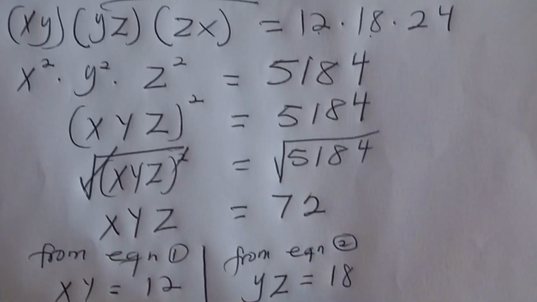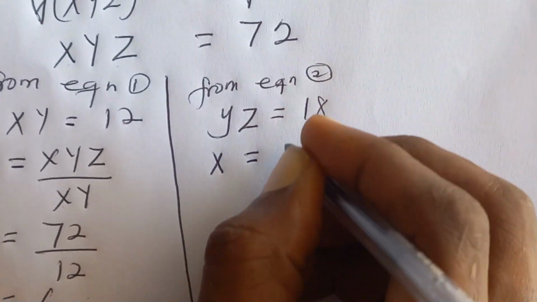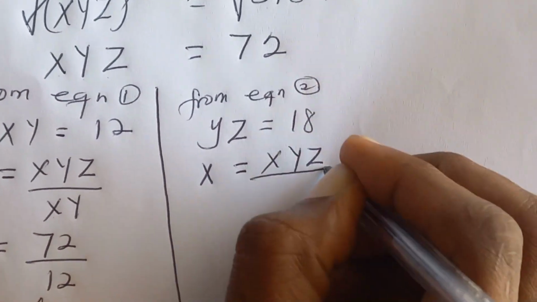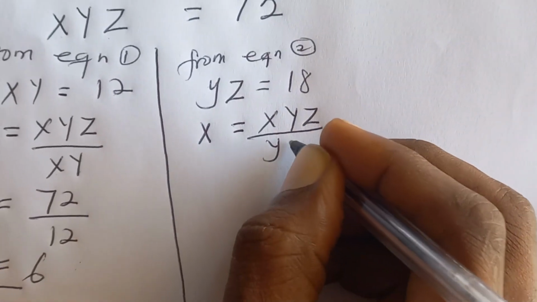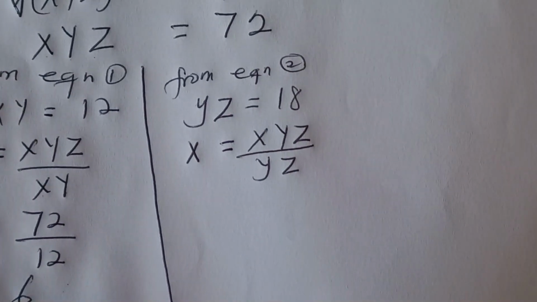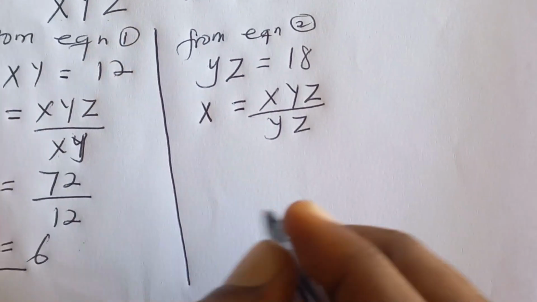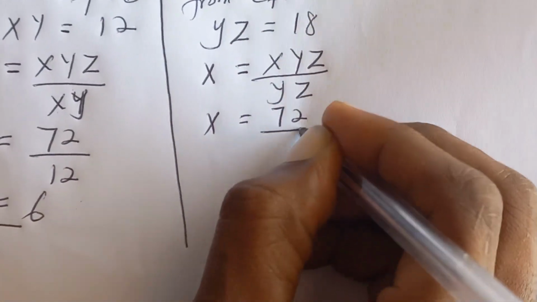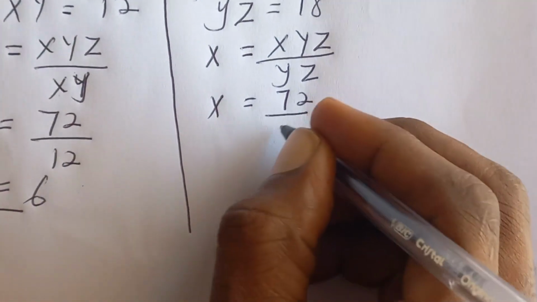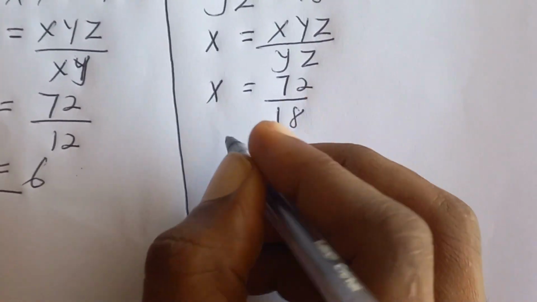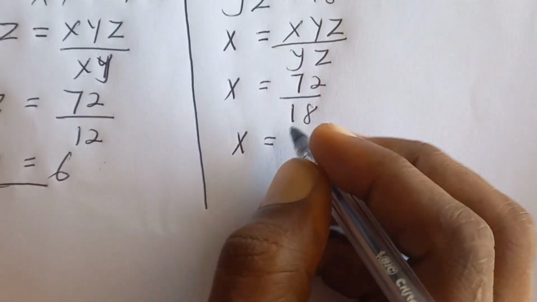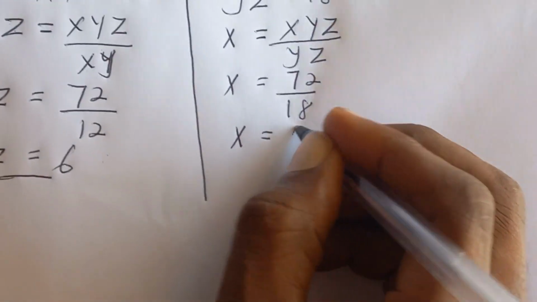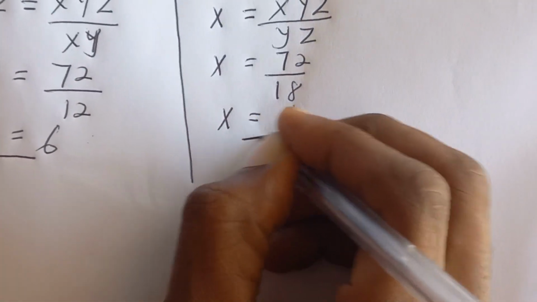So our x is equal to xyz over yz. So x is equal to 72 over yz, which is 18. So our x is equal to 72 over 18. We are getting 4. So our x is 4.